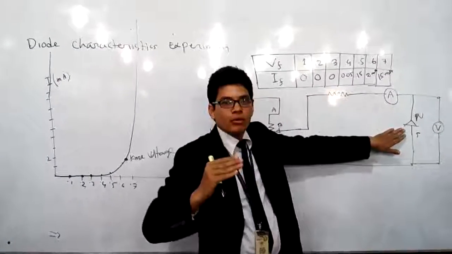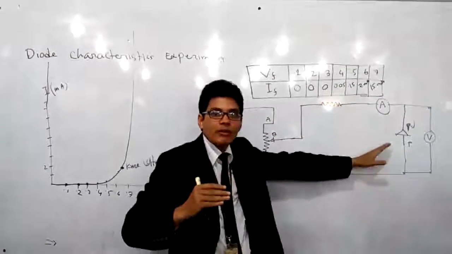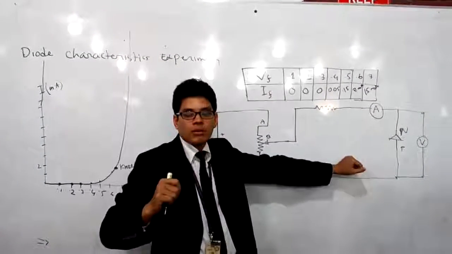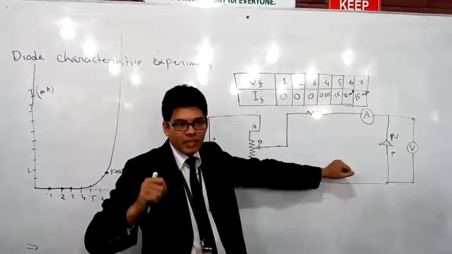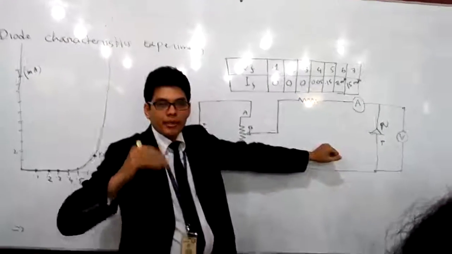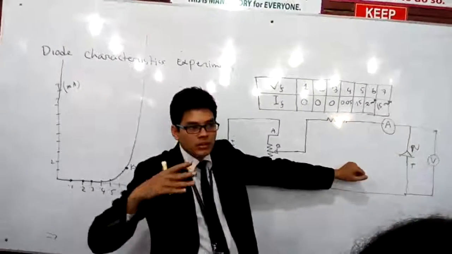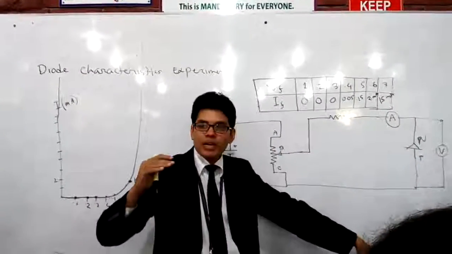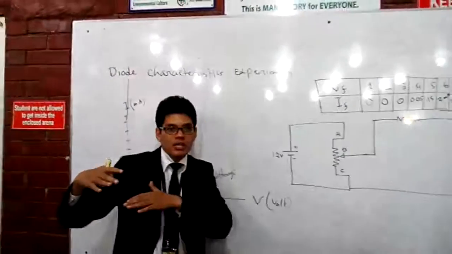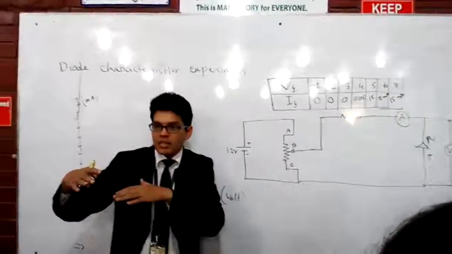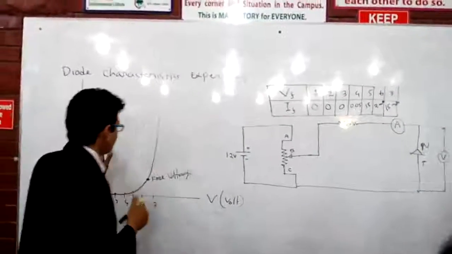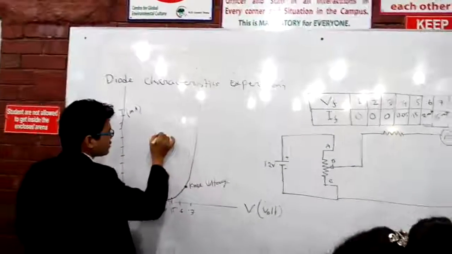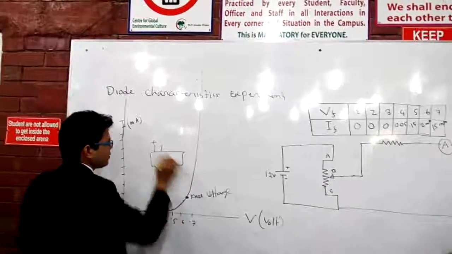The maximum voltage up to which the diode can sustain itself is called peak inverse voltage. After peak inverse voltage, the diode will burn. So if you connect an IC with the opposite polarity somehow, what will happen? In an IC, the connection is like this: this is the positive, this is the negative.